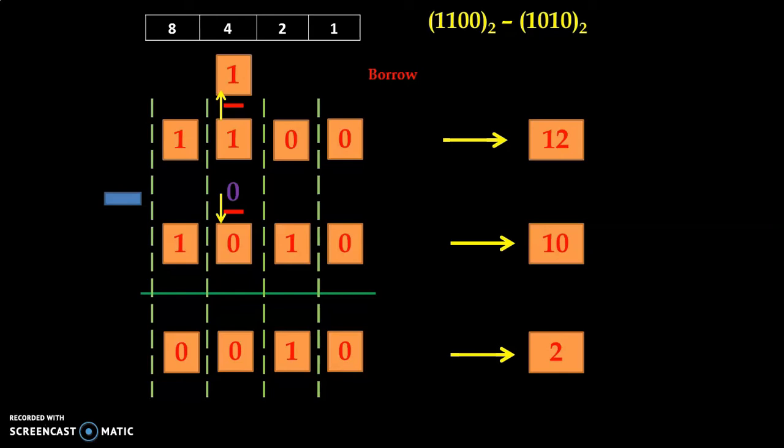So we have 1 at only one position. So 0 plus 0 plus 2 plus 0. So the answer is 2. So the subtraction we have done has been cross-checked and verified. So this way we can do the subtraction and the cross verification, but every time we need not do the cross verification, but the rules we should always follow.